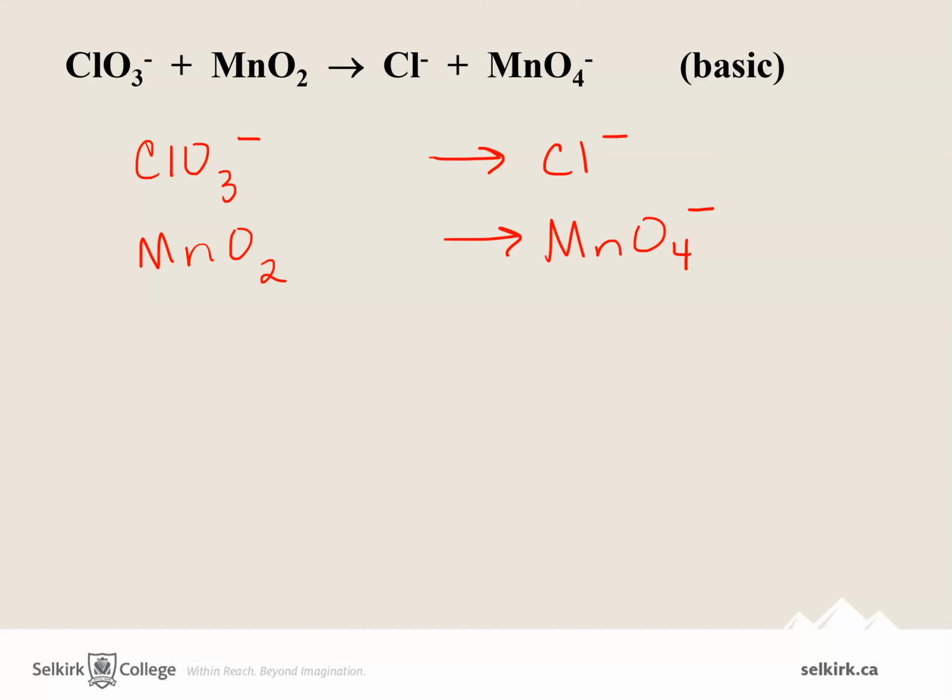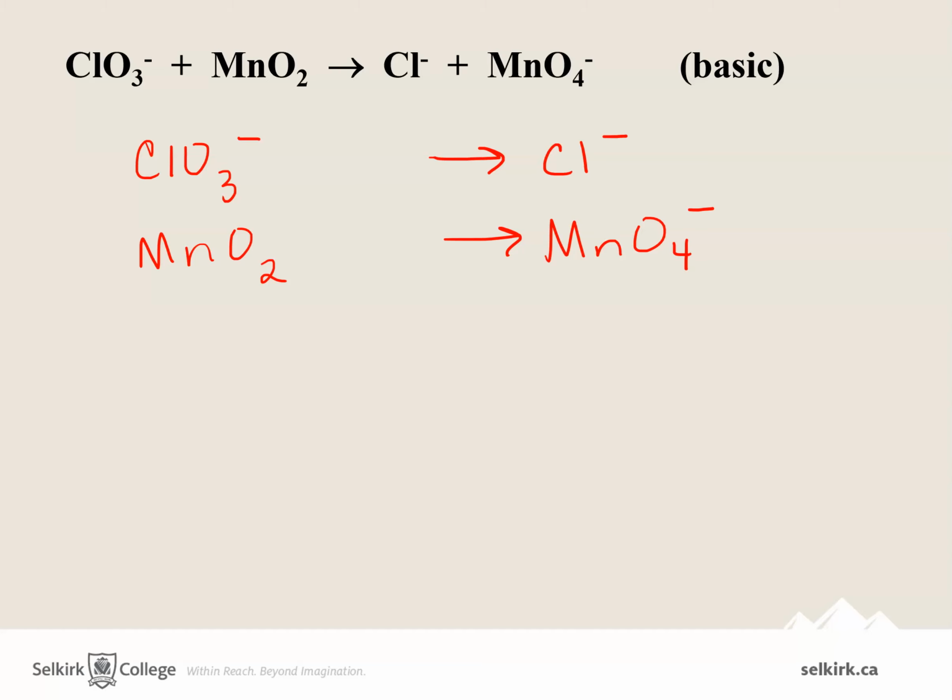Now I have to balance each half reaction. First, I'm going to balance the atoms other than hydrogen and oxygen first. First half reaction, 1 chlorine on the left, 1 chlorine on the right. Done. Second half reaction, 1 manganese on the left, 1 manganese on the right.